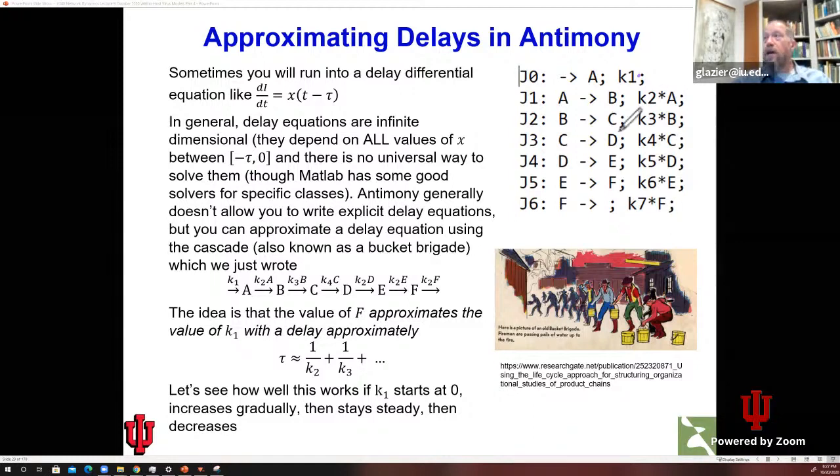And I want to write, let me see if I can do it, dF/dt is equal to K1 of t minus tau, right?